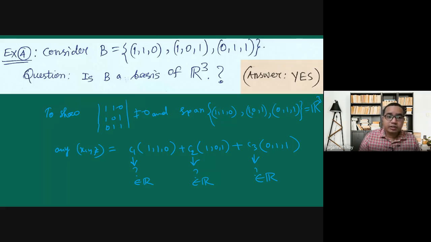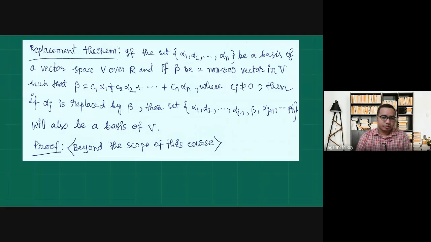If you can do that, then you can say that this B is also a basis of R3. That is a standard basis. Now there is a theorem which is called the replacement theorem.